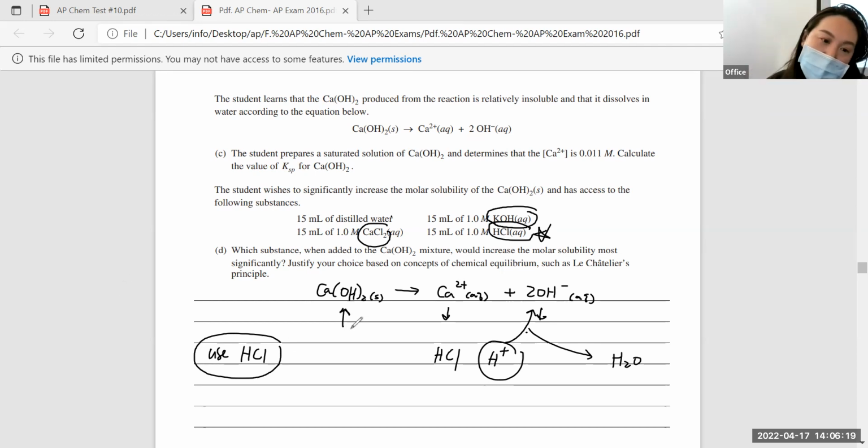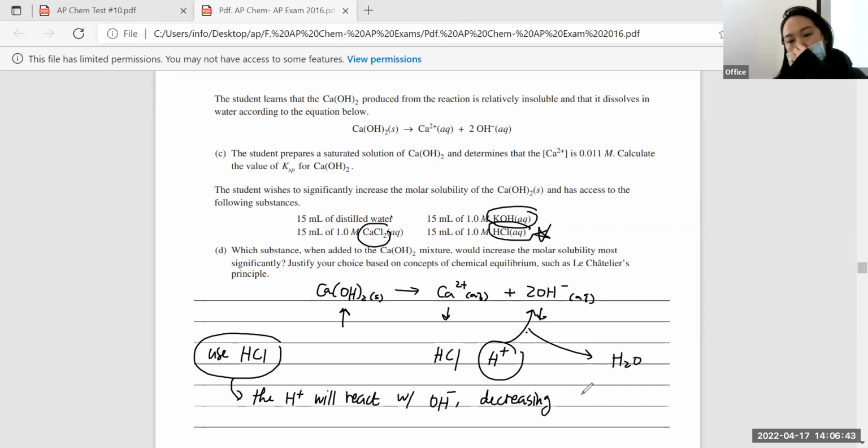If I use HCl, the H+ will react with OH-, decreasing the OH- concentration.